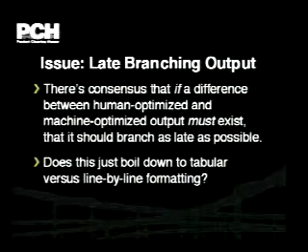If there's a distinction, everybody is agreed that the branch should be as late as possible so that the two modes don't drift apart, and so that the smallest possible amount of code needs to be written to generate the output. What this may come down to is just XML style, everything on its own line for machine parsing, versus tabular, like show IP BGP sum style output for visual parsing.